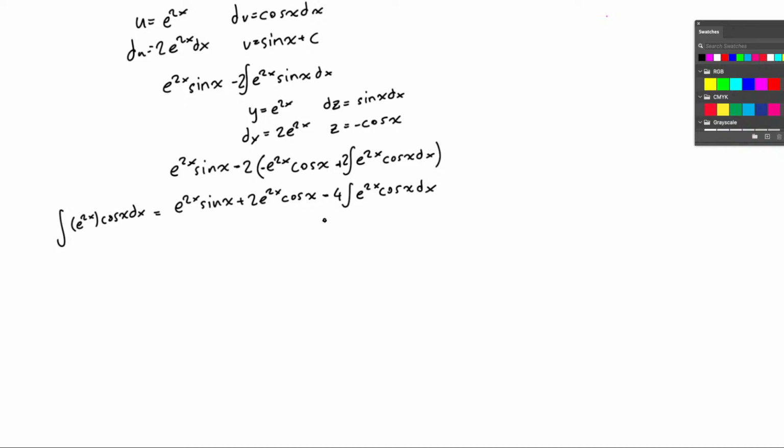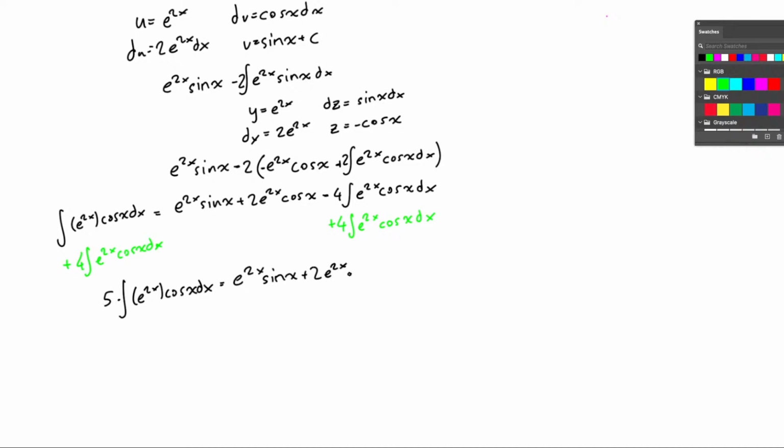What we do is we add plus 4 times the integral of e to the 2x cosine x dx to both sides, which means we get 5 times the integral.